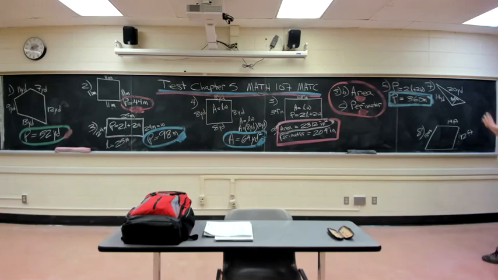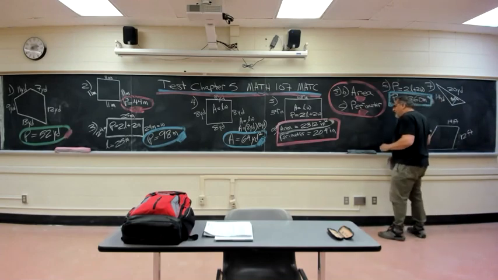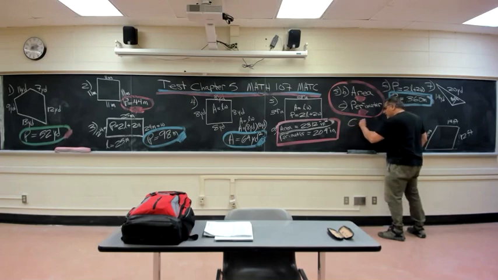There's a lot to be said here. Let me go back on that for a second. Let's say a radius r, the circumference of a circle is 2 pi r.